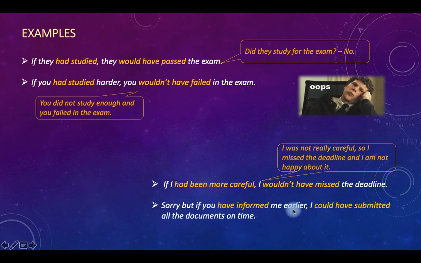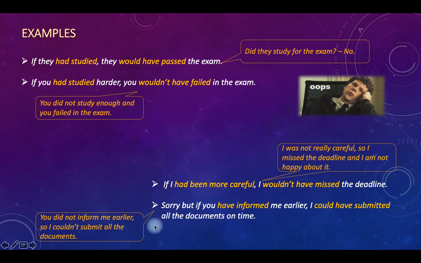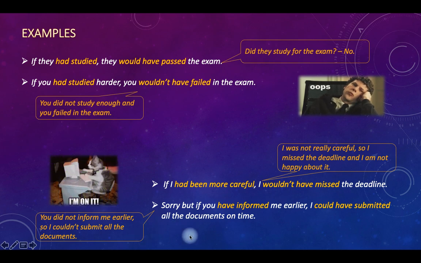Sorry, but if you had informed me earlier, I could have submitted all the documents on time. So I'm giving an excuse. You did not inform me earlier, so I couldn't submit all the documents. Bana haber verseydiniz, bütün belgeleri zamanında sunardım, teslim ederdim.